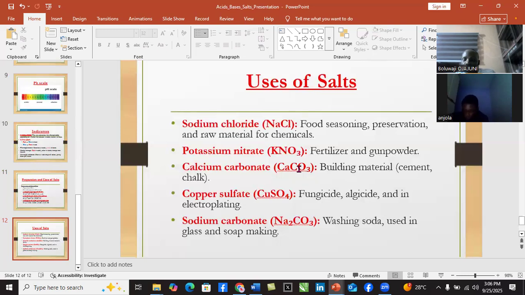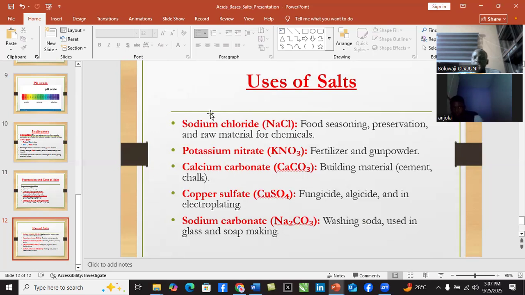When chalk is ground into powder, it's just like a salt. Then we have copper sulfate, used as a fungicide, an antifungal, and in electroplating. Then we have sodium carbonate, washing soda, used in glass and soap making.